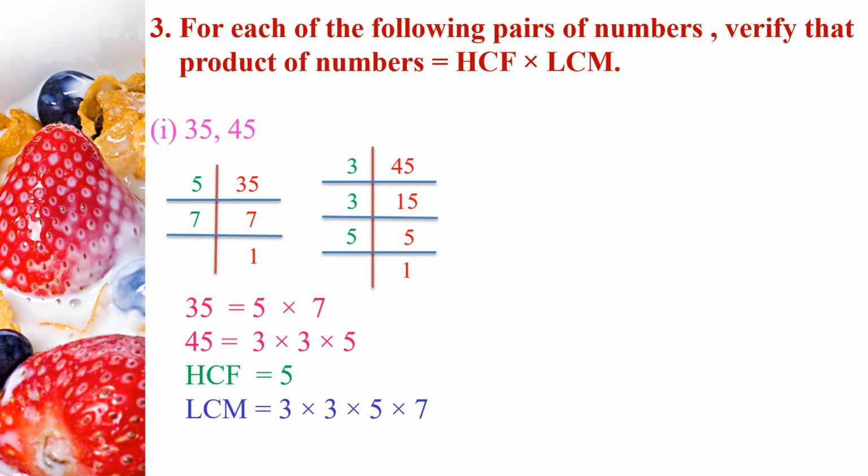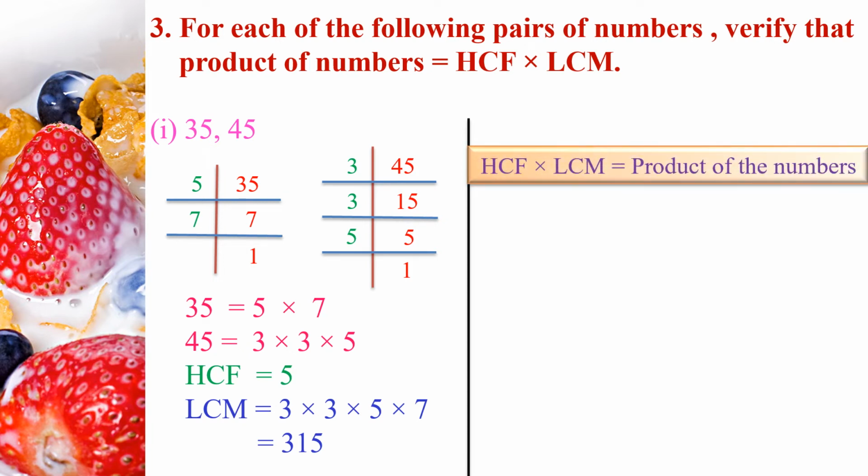Now we are going to find the LCM, isn't it? So multiply all the factors, we'll get LCM. That means 3 multiplied with 3 multiplied with 5 multiplied with 7. So we'll get 315. Now we want to verify, isn't it? Yes, HCF multiplied with LCM equal to product of the numbers.